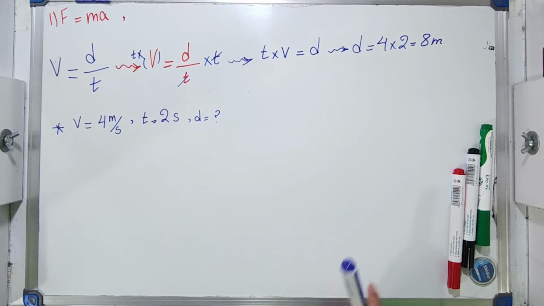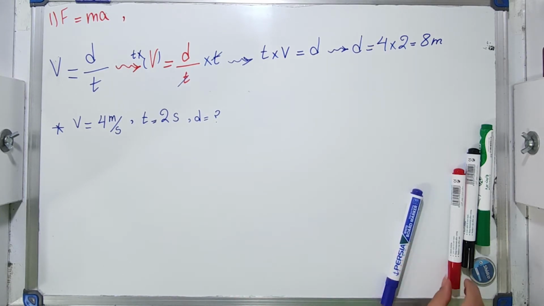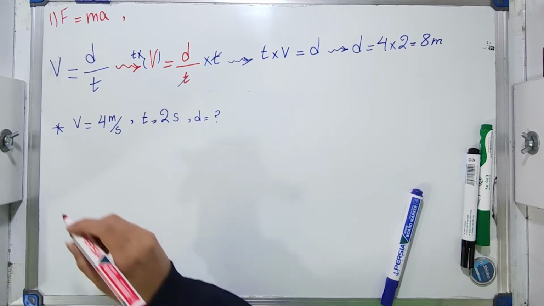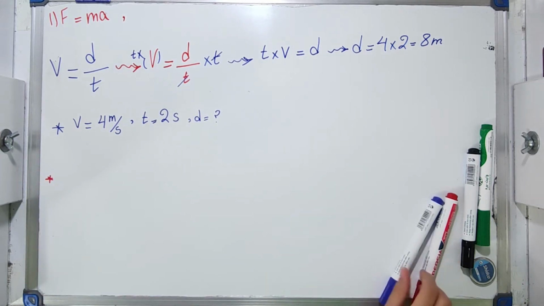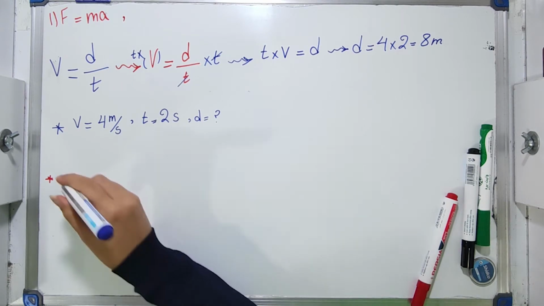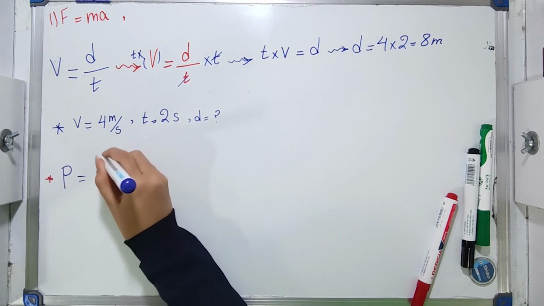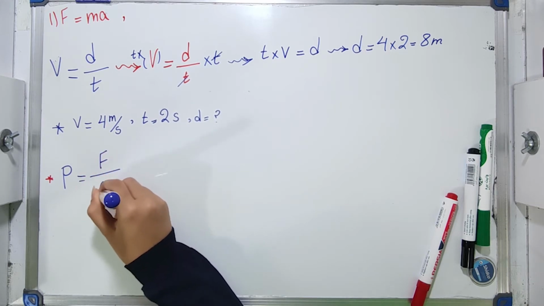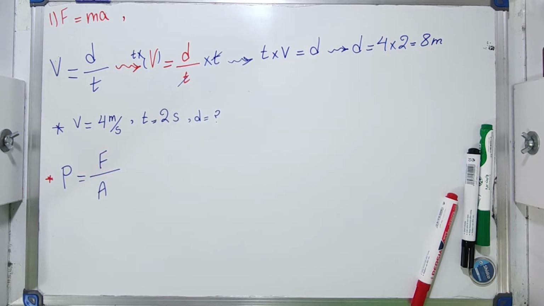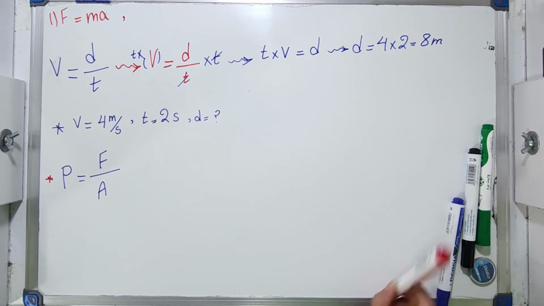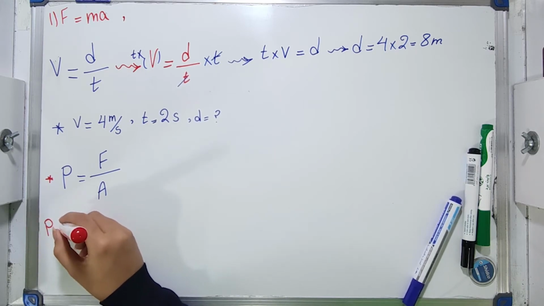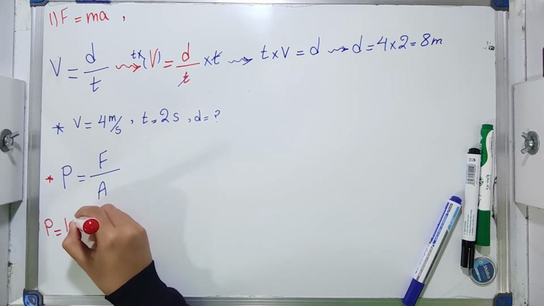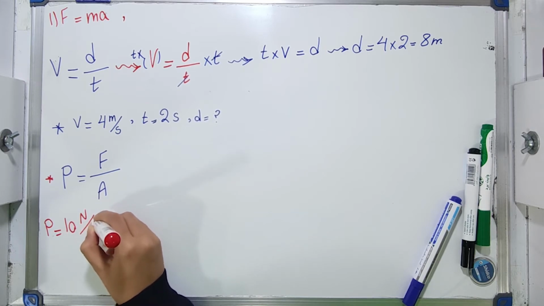Let me just give you another example. For example, if I want to give you another example that has division, pressure, force over area. Here, I have pressure that is, for example, 10 Newton per square meters.